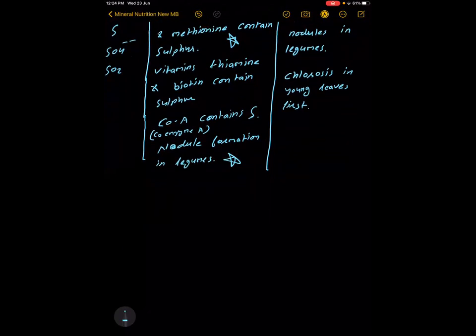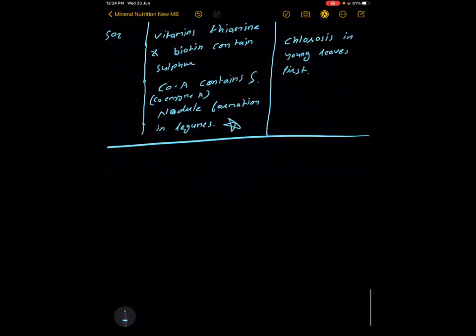Okay, next, calcium. NPKSCMG. Next is calcium. As calcium ions, it is absorbed. It is also important. First of all, it is the main component of middle lamella. The two adjacent cells in plants are attached by one cementing material that is called middle lamella.